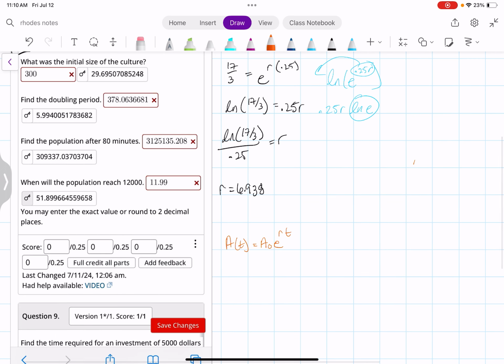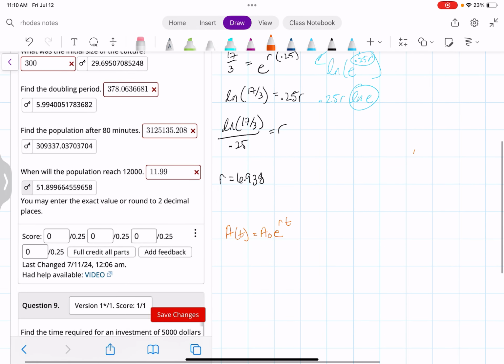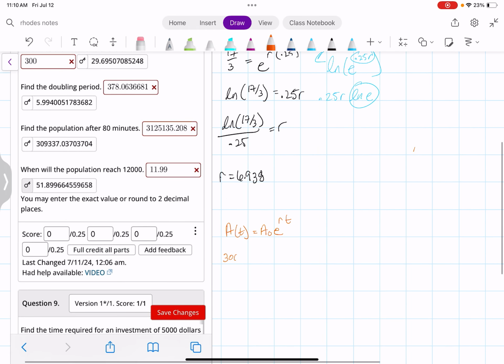But now, using that first point, where we had 300 after 20 minutes, I'm going to put 300 here. a sub 0 is the initial amount; I don't know what that was. e, now my r is the 6.938 number, times t.